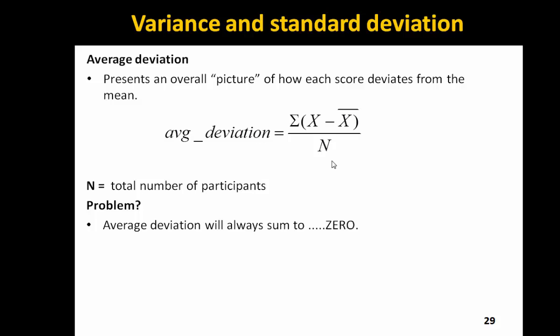The problem here, if we go back to slide 28, is that we know all the deviation scores will sum to 0, so 0 divided by the sample size is still going to be 0.